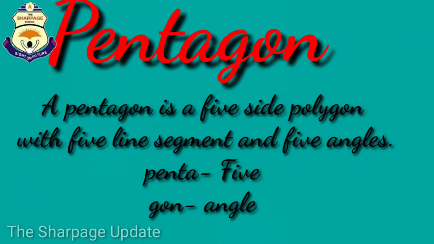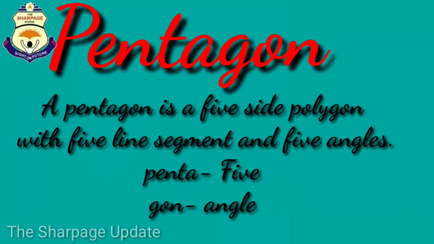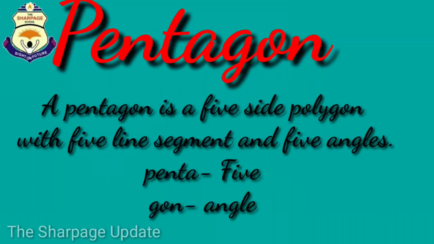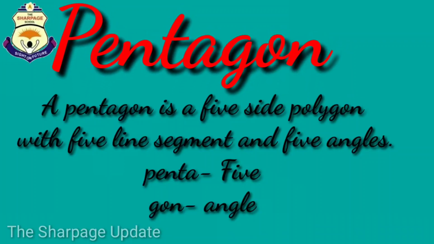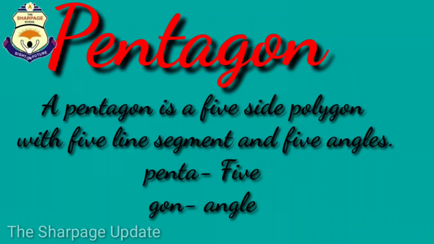Next polygon is pentagon. A pentagon is a 5-sided polygon with 5 line segments and 5 angles. Here penta denotes 5 and gon denotes angle.